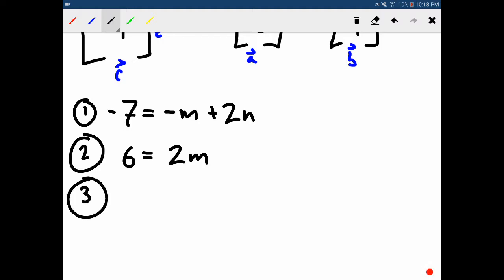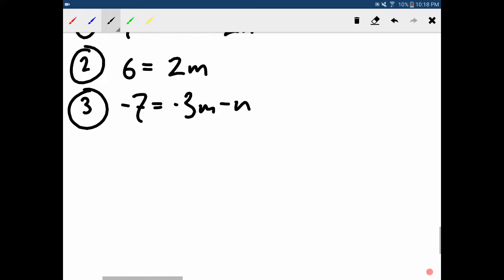And then our third one is -7 equals -3m minus n. So there are our three formulas, and it's not hard to see which one we're going to start with. We are going to start with equation number 2, because using it, we only have to divide by 2, and we see that m is equal to 3.